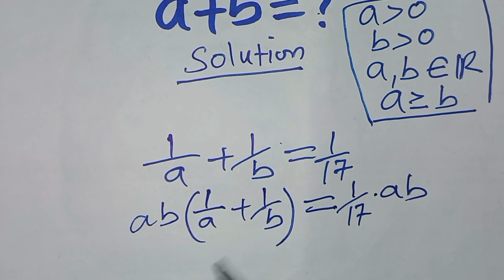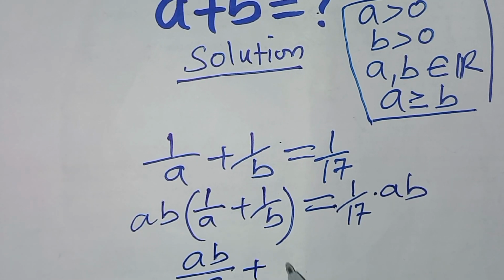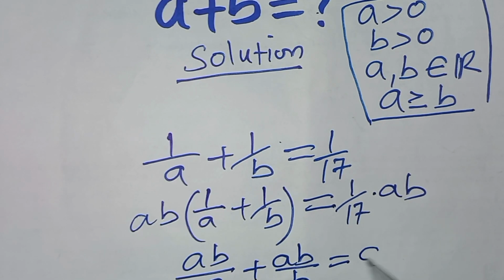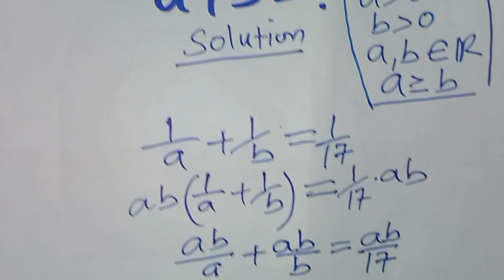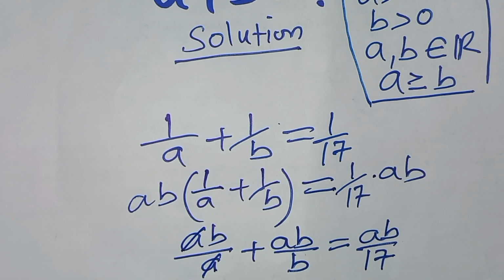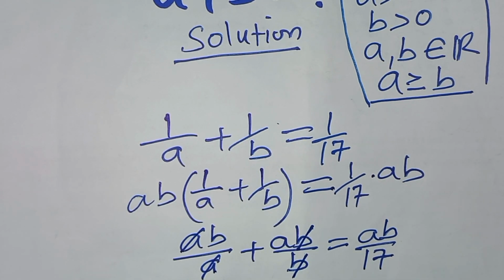So here we'll have ab divided by a plus ab divided by b, equal to ab divided by 17. Let's simplify here. a and a simplify, so that we'll have b plus, now b and b simplify, so plus a.